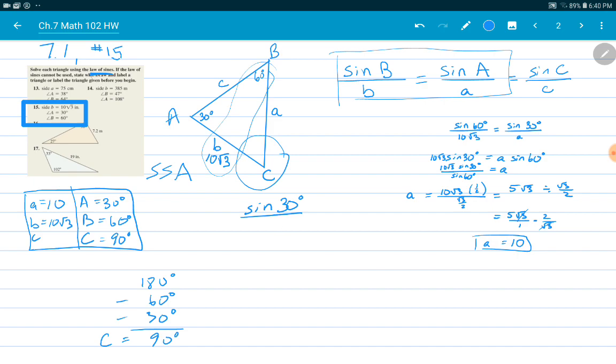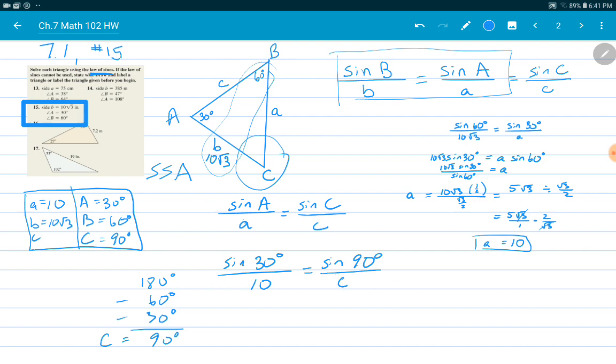So sine of A is to side A, which we just found as 10. Actually, I'm going to write this a little better. Sine of A is to side A as sine of C is to side C. And I have angle A is 30, side A is 10, angle C is 90, and side C is the one I'm going to solve for.